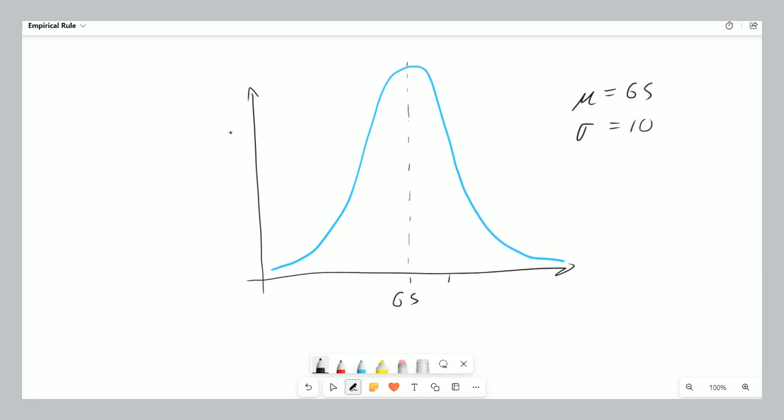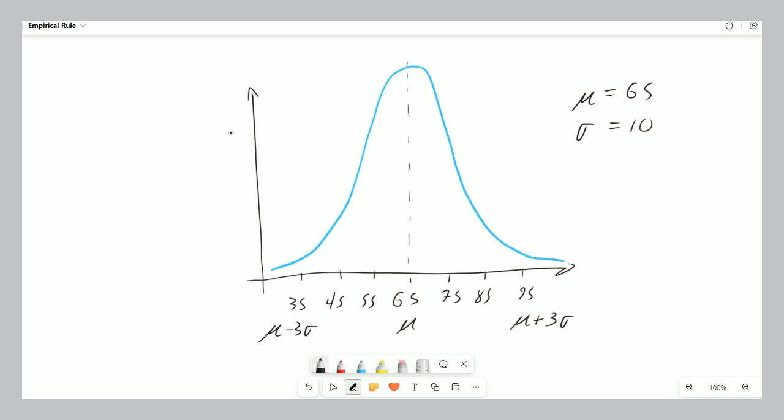So 75, 85, 95. And then we have 55, 45, 35. Okay, so this is plus or minus 3 standard deviations, right? We're adding 10 each time. So this is mu plus 3 sigma. This is mu minus 3 sigma, right? That gives you 35. Mu plus 3 sigma gives you 95. Mu itself is equal to 65.